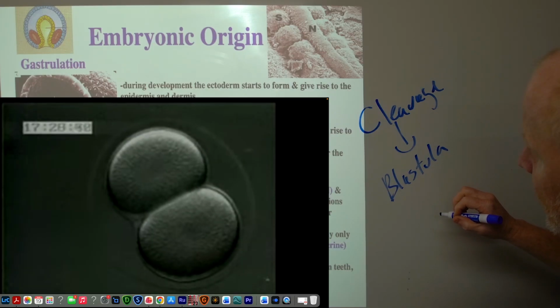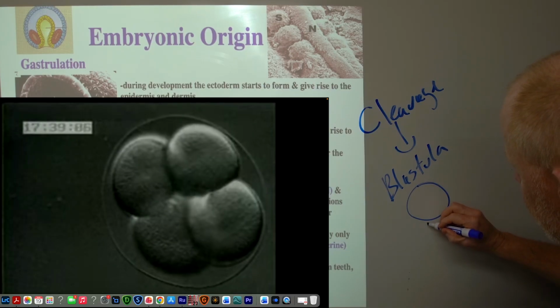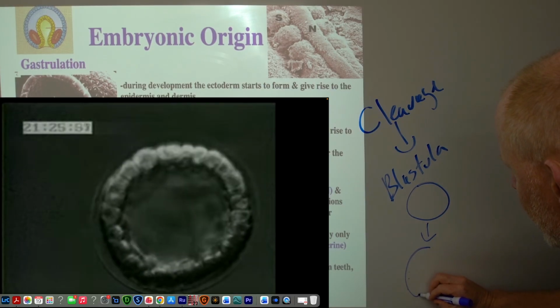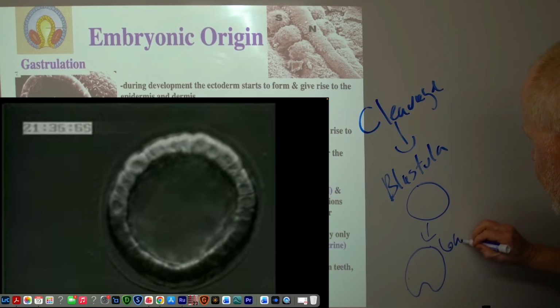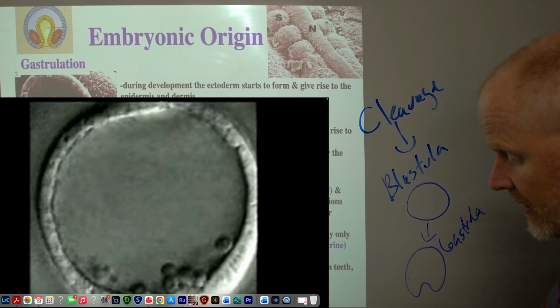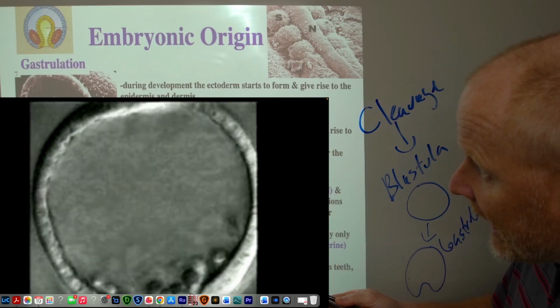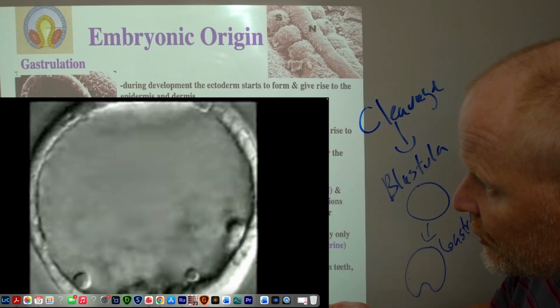The blastula then will buckle on one side. So you get this hollow ball of cells. That hollow ball of cells will then buckle on one side like this and form the structure we call the gastrula. And so up here is a picture of a gastrula. And what happens is some of these cells are going to be pulled inward as they buckle, and they're going to form a new tube.